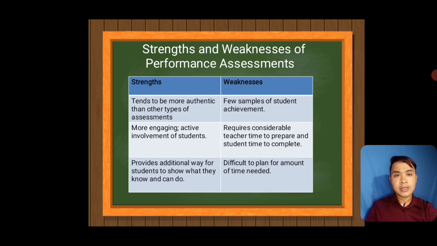So another strength tends to be more authentic than other types of assessment. So it is more authentic, the performance assessment. So more engaging, active involvement of students. So this is a type of assessment wherein students are engaged or involved with activities, provides an additional way for students to show what they know and they can do.